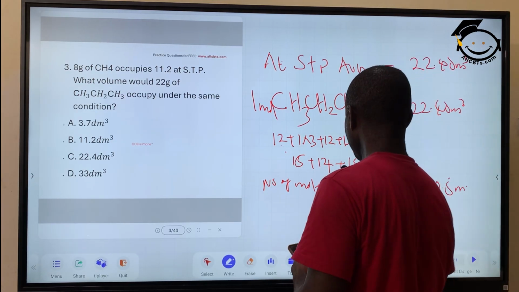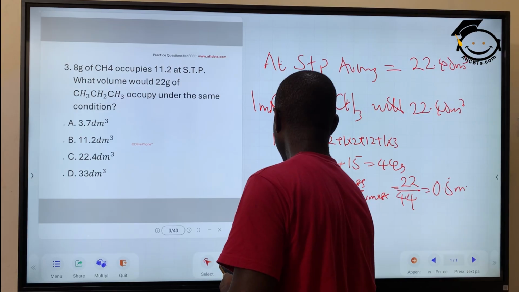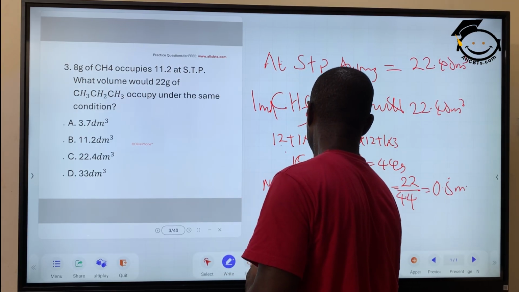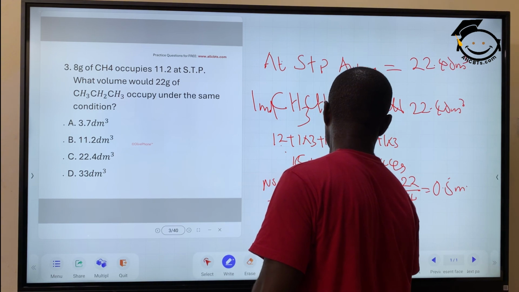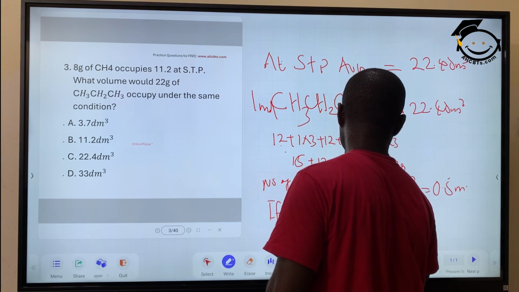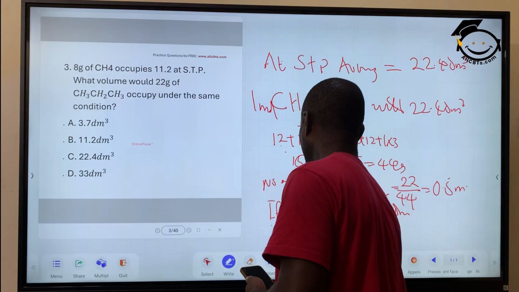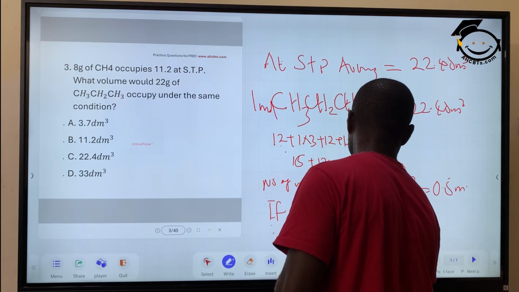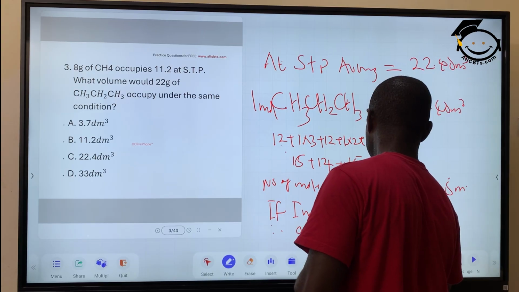So we now go back to the question. If 1 mole gives 22.4 dm3, therefore 0.5 mole will give x dm3.